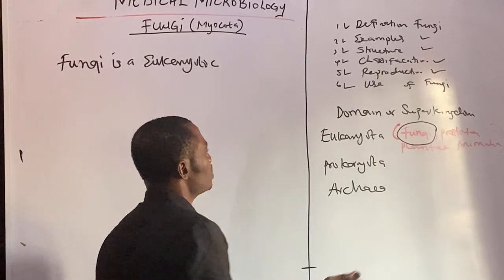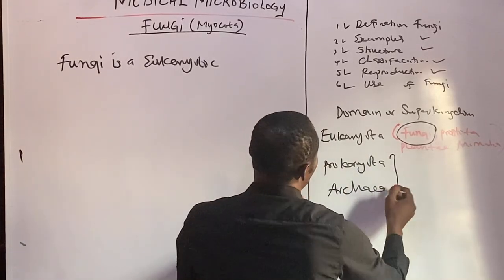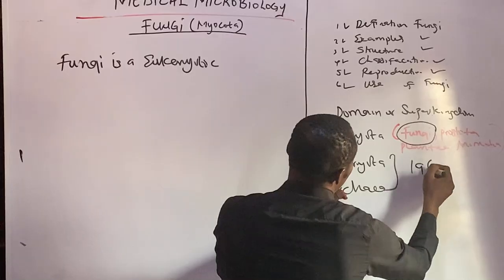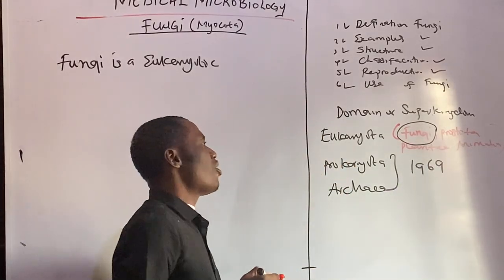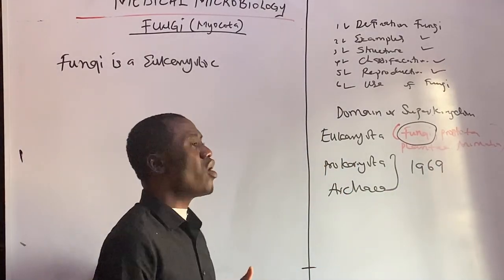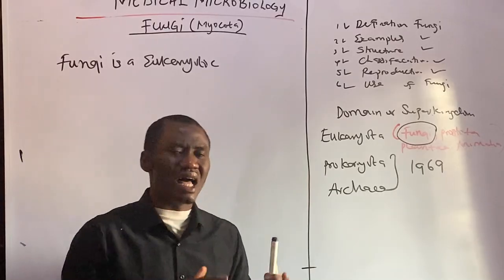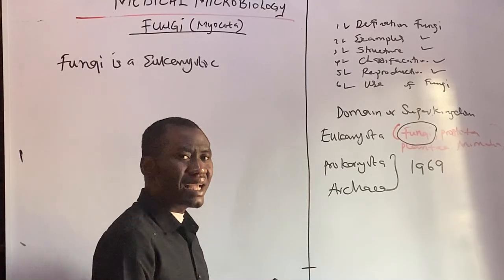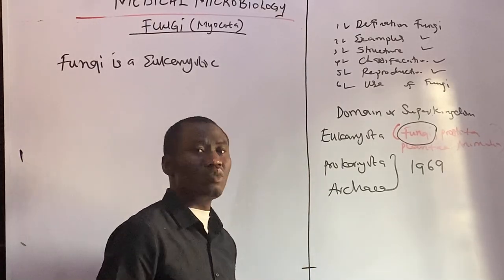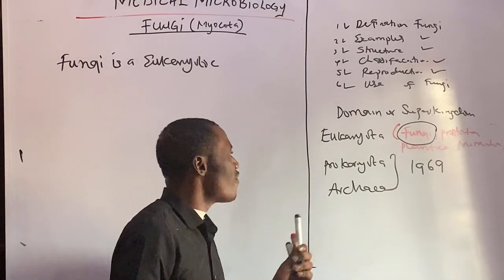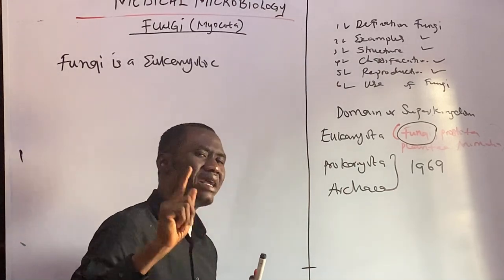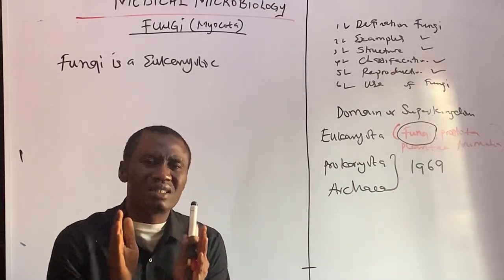Now, before 1969, fungi was classified as plant. After 1969, which was the time we went to the moon, fungi was no longer classified as plant. It was given a separate kingdom.